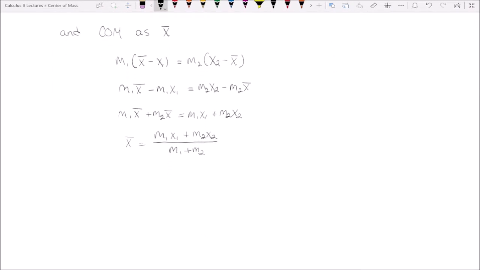The expression in the numerator, m1x1 plus m2x2, is referred to as the moment of the system. Obviously, m1 plus m2 is total mass. So center of mass is the moment divided by total mass of the system.